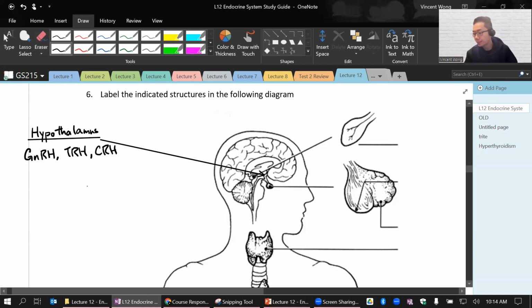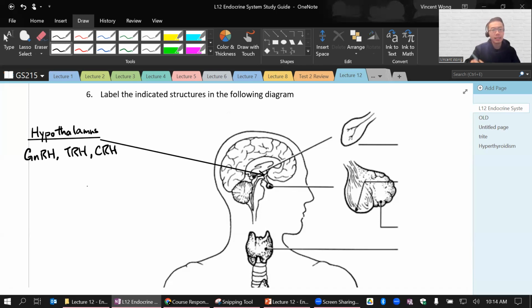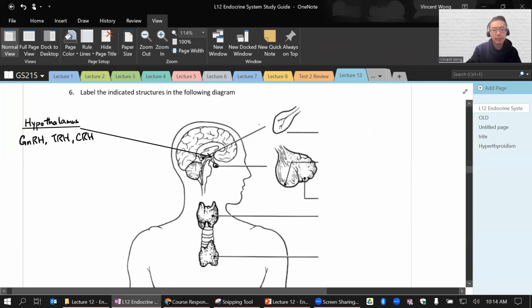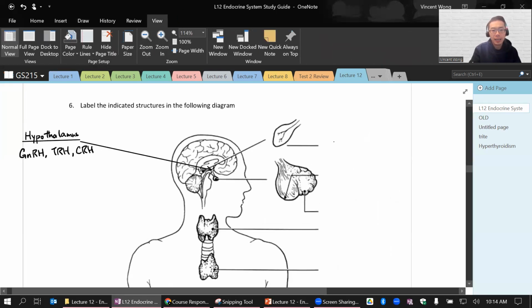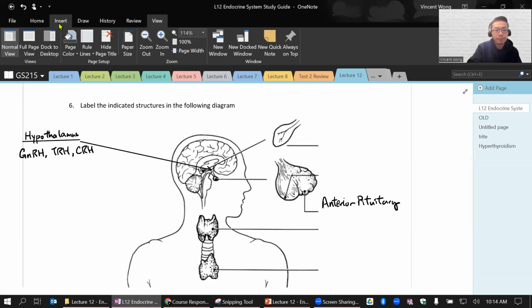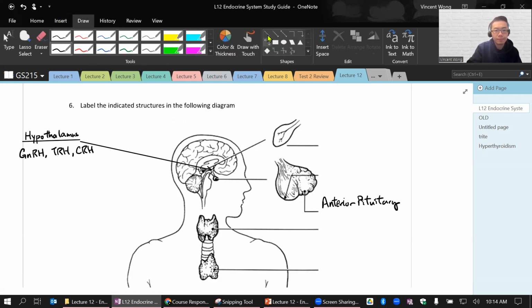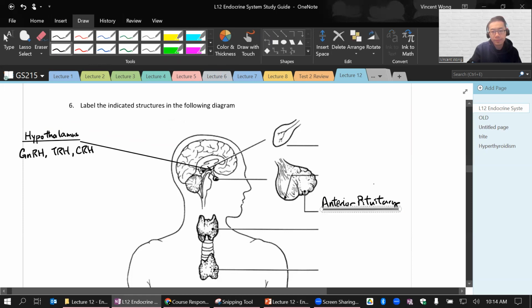We'll get to those in a second. Here we have the anterior pituitary gland. We also have the posterior pituitary.